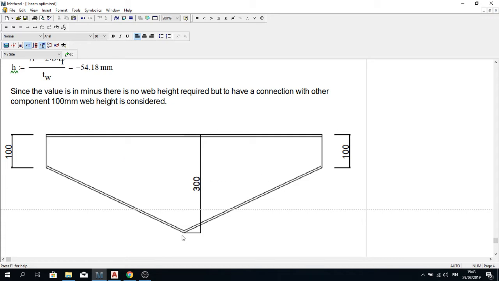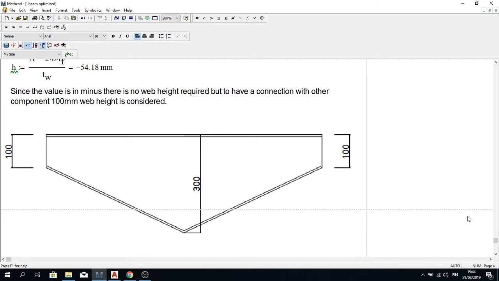We can have a constant beam which is going like this, but that is not the most optimized beam, because in that case, even though the beam takes all the loads, we have still used a lot more material than is needed.